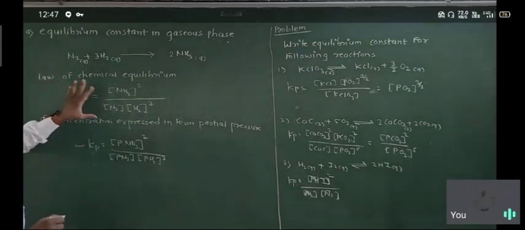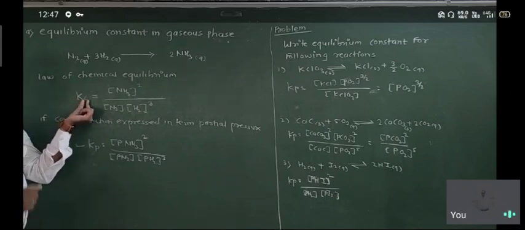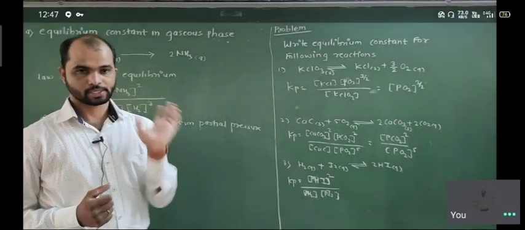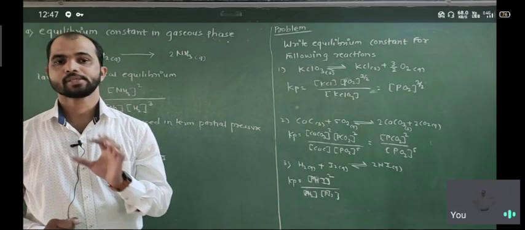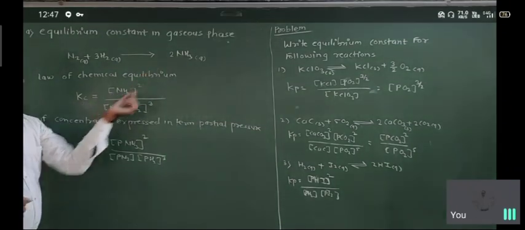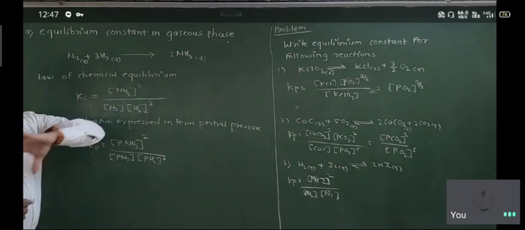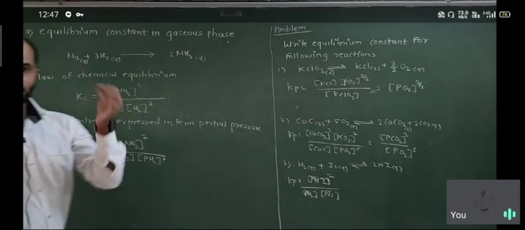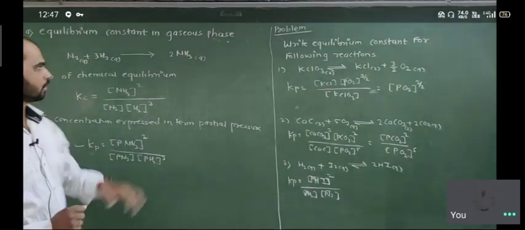According to the law of chemical equilibrium we consider Kc, where C means concentration, that means the reactants and products are expressed in the form of concentration, mole per liter. So Kc is equal to the product, the concentration of NH3, and what is the power? The power is 2. As already told, the power of concentration is equal to the number of molecules present in the chemical equation.